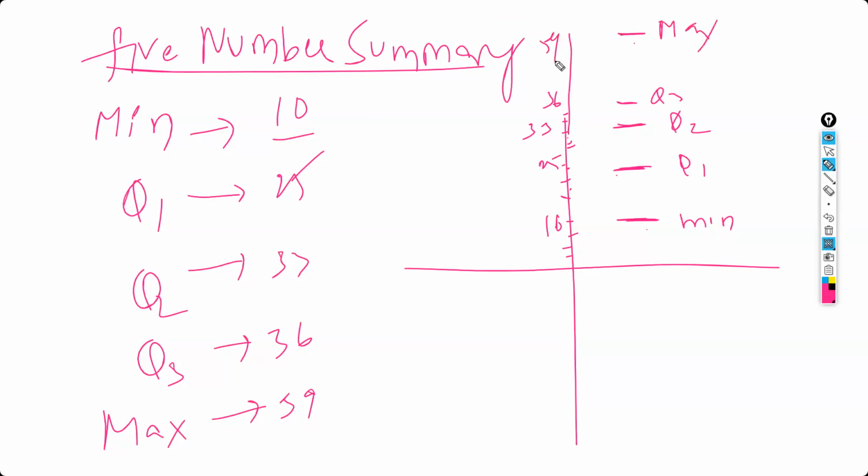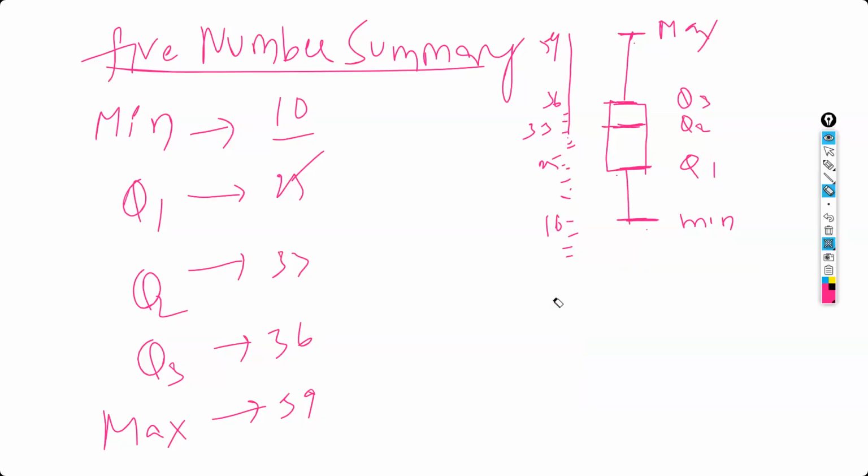Now, whatever the Q1, Q2 and Q3 are, you have to attach these three values with a box, and the remaining two you have to extend with whiskers. The straight lines I am drawing are called whiskers. Basically it is called a box whisker plot.